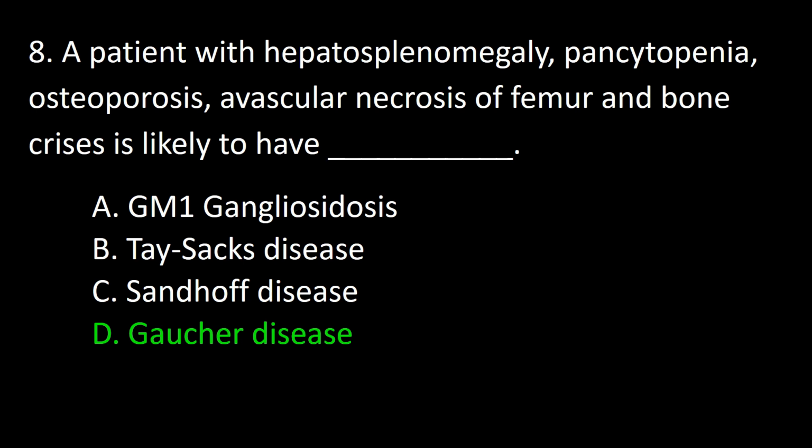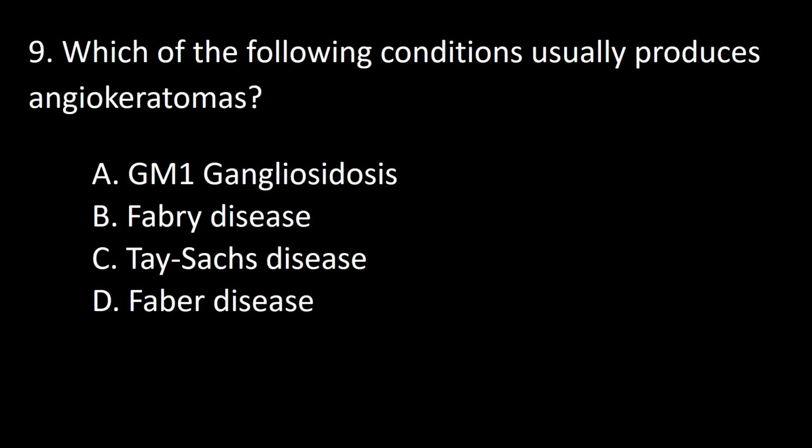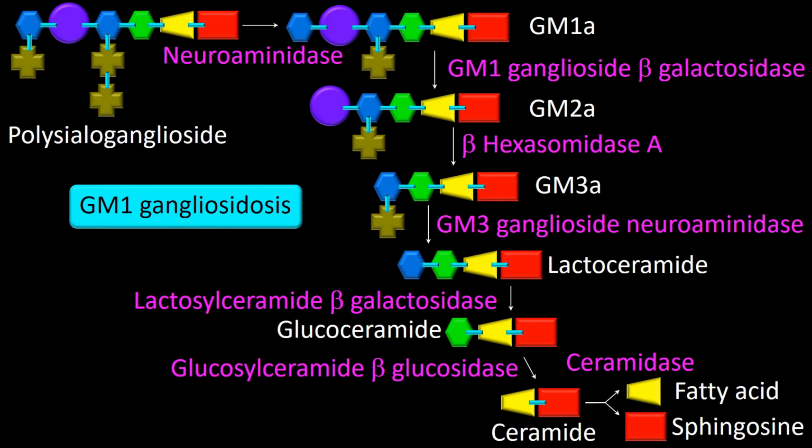D, Gaucher's disease. Next question, which of the following conditions usually produce angiokeratoma? A, GM1 gangliosidosis, B, Fabry disease, C, Tay-Sachs disease, D, Faber disease. GM1 gangliosidosis, as you know, is produced by a deficiency in ganglioside beta-galactosidase.